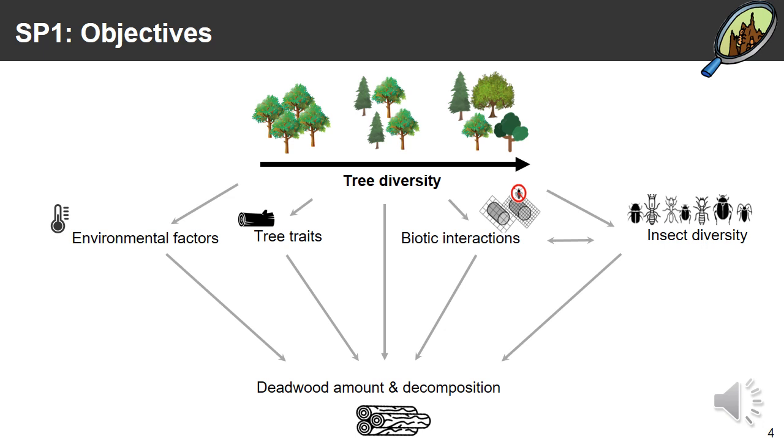In the project, we plan to characterize and disentangle the influence of all these factors on wood decomposition and the decomposer communities. And now Simon Thorn will give you an overview of the planned work.